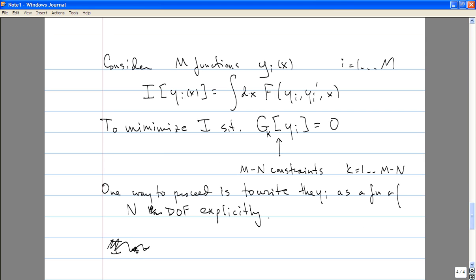In particular, if we consider the integral dx of f, so that was just I here, and we add lambda of x times our constraint, then this must be minimized for all values of lambda.